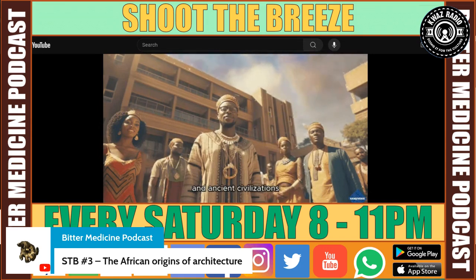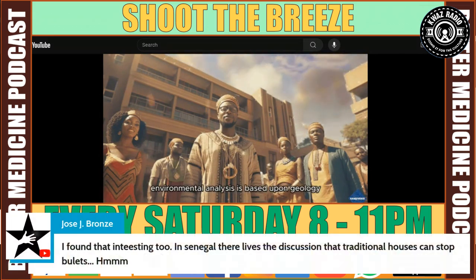Just as if you were in Africa, the houses have to be built based on the environment you are in. That's why you see these thatch roof houses. They're built in a very circular way, within a compound. The architecture was very practical and strategic for the environment that it was in.